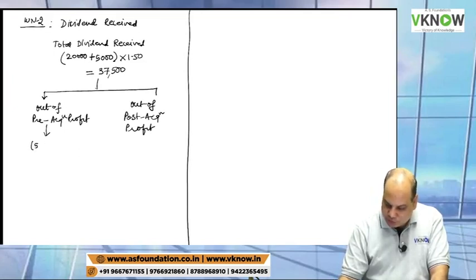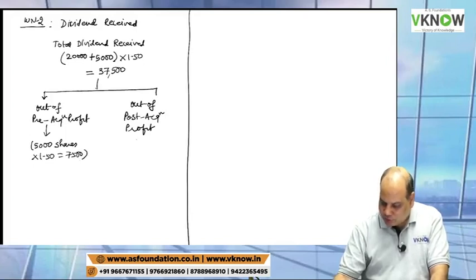Out of pre-acquisition profit will be on 5,000 shares into 1.50, that is 7,500, and out of post-acquisition will be 20,000 into 1.50 is 30,000.